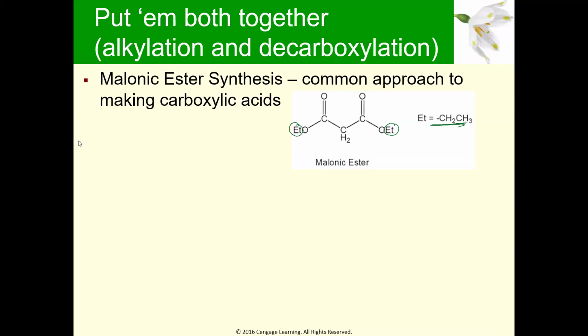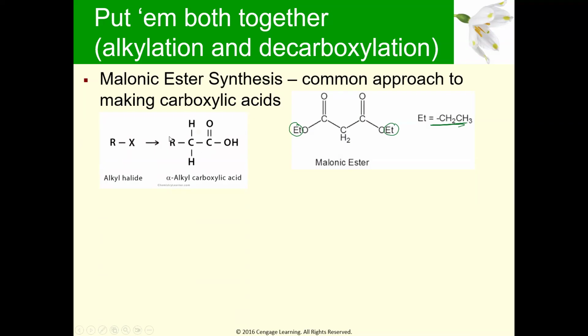Okay, so what do we do in a malonic ester synthesis? Well, we take an alkyl halide. Just some alkane, or really, it doesn't have to be an alkane. It can be an alkene as well, but it just needs to have a halogen attached to it somewhere. And you make it into a carboxylic acid with 2 more carbons.